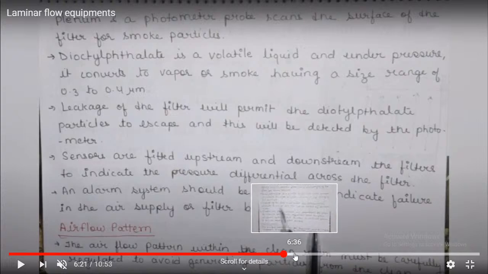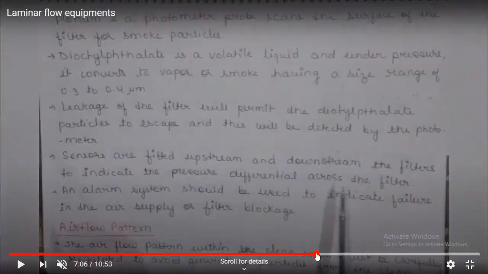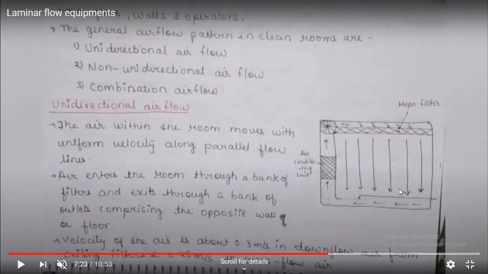And the next point is the airflow pattern. In airflow patterns there are three general types: unidirectional airflow, non-unidirectional airflow, and combined airflow. In unidirectional airflow, the air within the room moves with uniform velocity along parallel flow lines, in one direction.